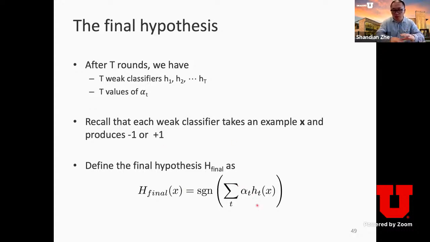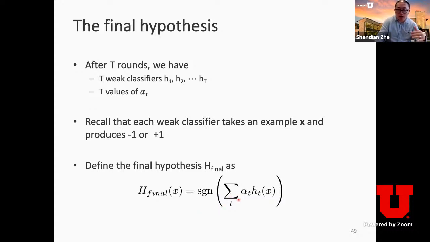So when you add them together, you're actually computing their votes, and the votes are weighted by alpha_t. If you end up with a positive value, that means the total vote for the positive prediction beats the total vote for the negative prediction, so you give a +1 as your final prediction. And vice versa.